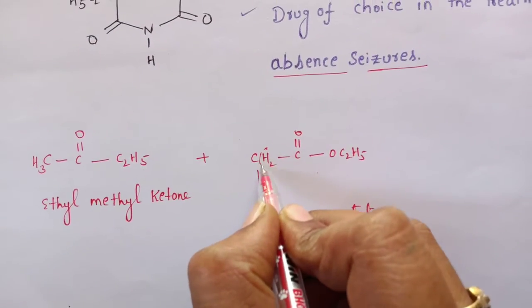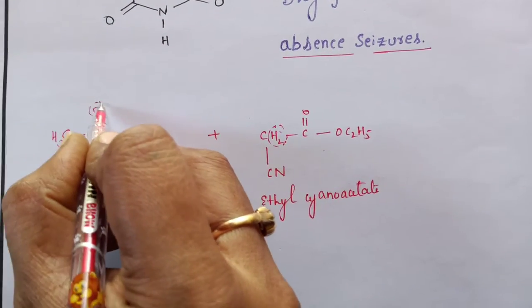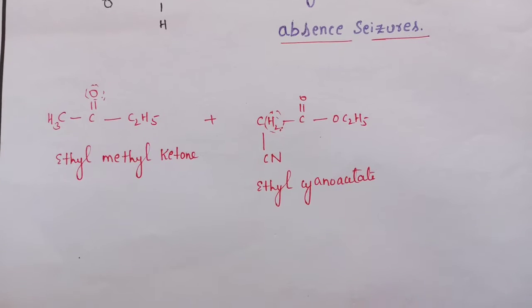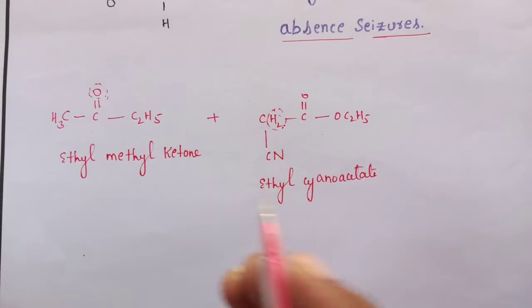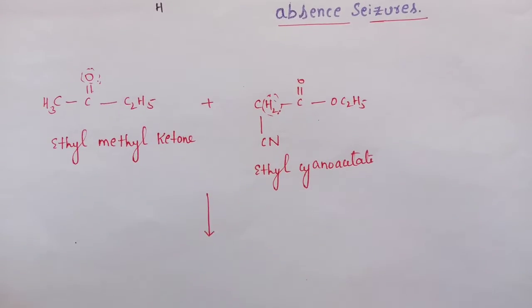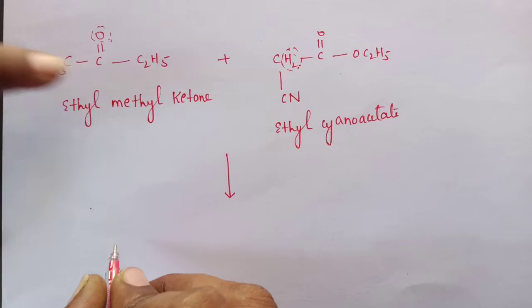Here the hydrogens from this carbon and the oxygen from the ethyl methyl ketone are both lost as water, keeping the double bond, and we join these two molecules and write down the final product. Write this carbon atom first.